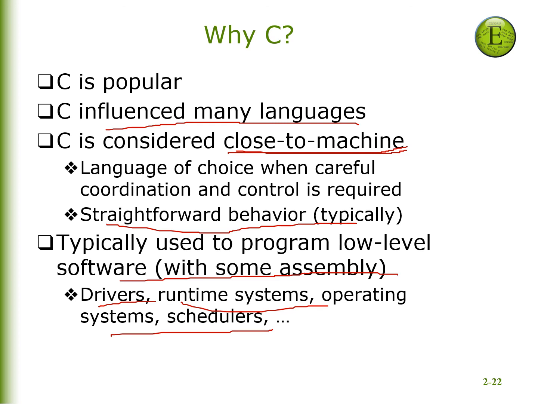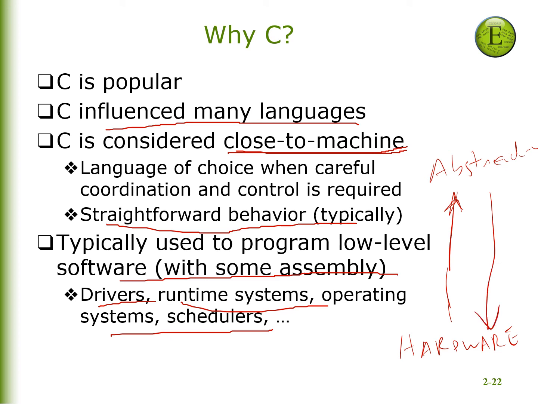If you want higher abstraction, then you have to migrate away from the hardware. So abstraction means you are moving away from the hardware. Lower abstraction means you're closer to the hardware.